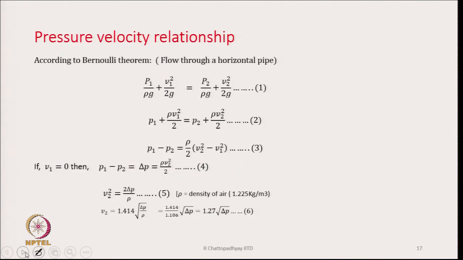Now, this is an important point or important analysis which you should all try to understand properly, the pressure velocity relationship. According to Bernoulli's theorem, which you must have studied in basic physics, we are writing the same formula again: P1 by rho g plus V1 square by 2g equals P2 by rho g plus V2 square by 2g.